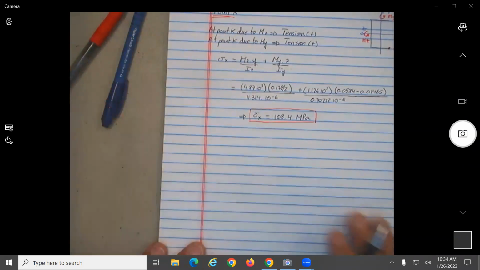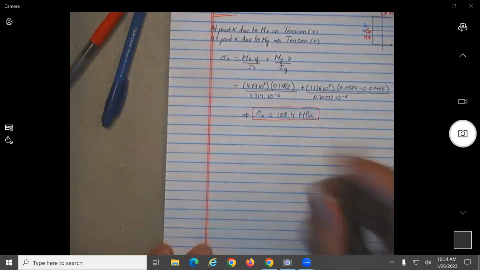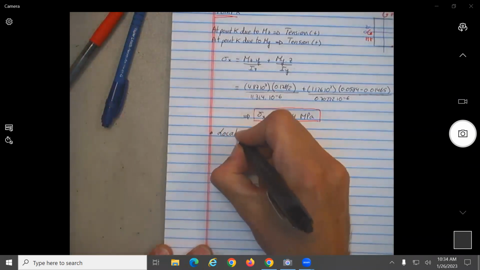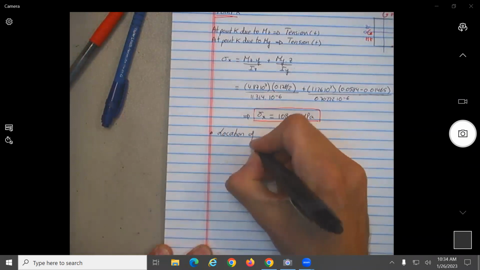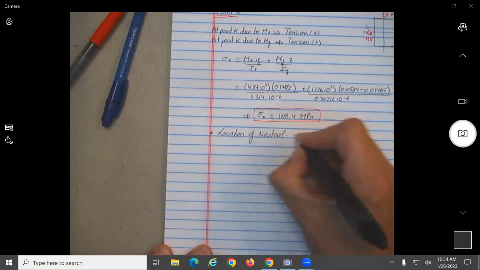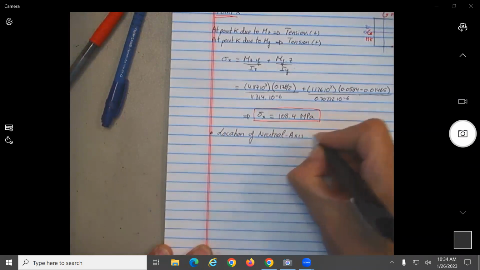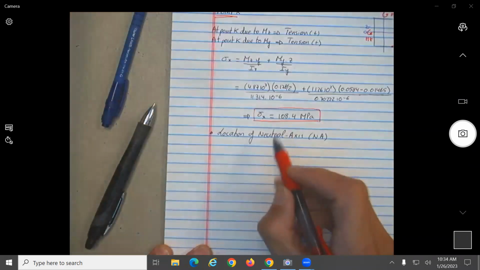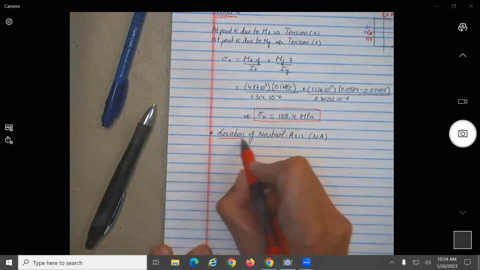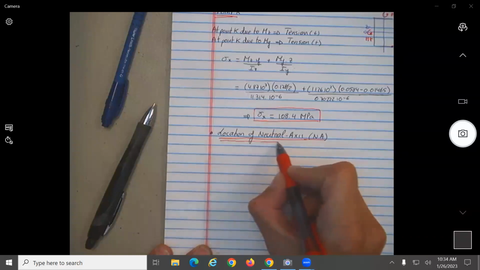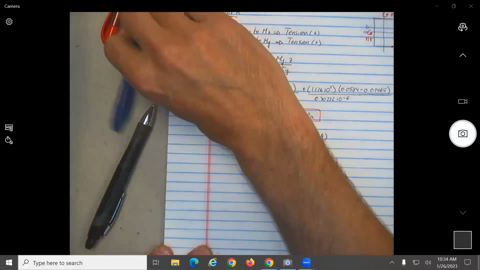Okay, so the last thing we need to do in this problem is to find the location of the neutral axis. If you remember, I mean, you don't need to remember, you need to understand. I always say studying is not remembering, it's understanding.